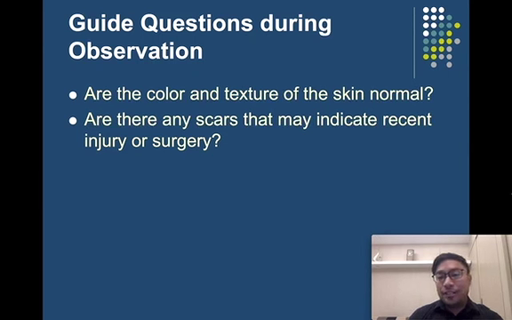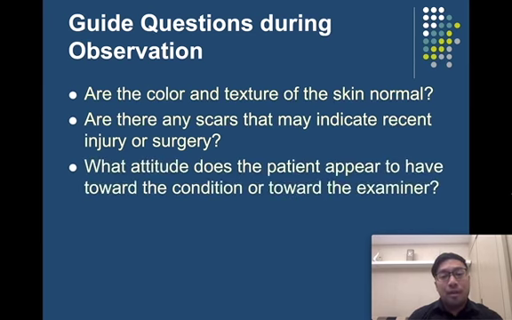Are there any scars that may indicate recent injury or surgery? This will tell you that the patient might have had a post-surgical procedure, for example, total hip replacement, or a surgical procedure due to fracture. What attitude does the patient appear to have towards the condition or towards the examination?